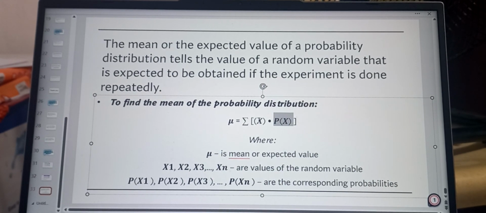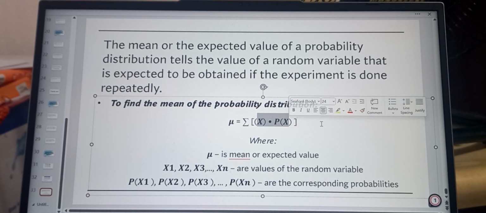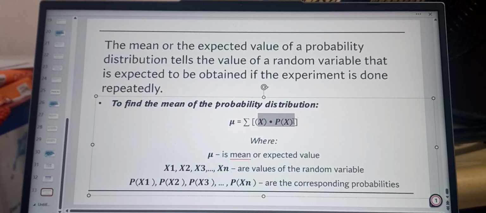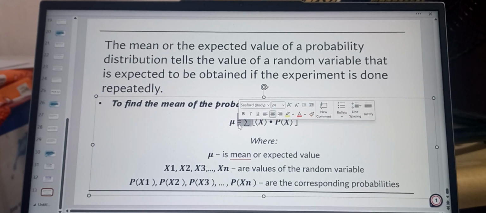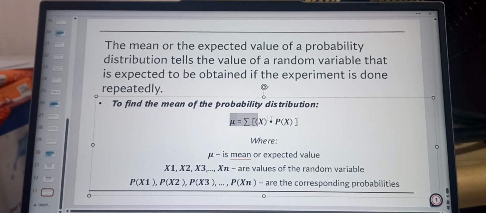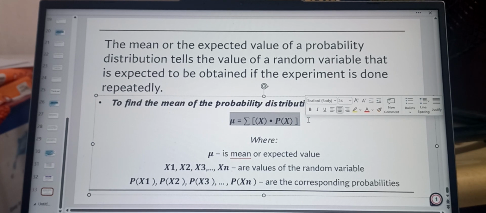Okay, so minumultiply natin yon, random variable times corresponding probability. Pag na-multiply natin yung bawat random variable and its corresponding probability, kukunin natin yung summation, meaning ina-add natin lahat ng kanilang product.